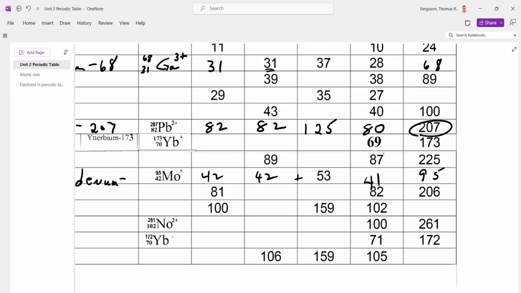Oh, so it is charged. Yeah, and this can be positive or positive one. Better?